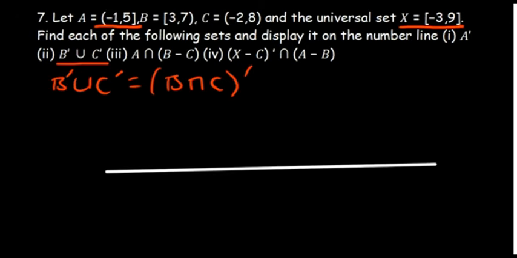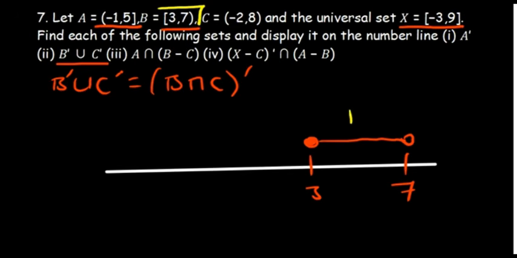So B intersection C, B is moving from what? So for our B, we've been told it's moving from 3 to 7. So 3 to 7, that is our B. Then 3 is a member because we're using a square bracket there, so we'll shade for 3. 7 will not shade, so what is guiding is the bracket that I used there.